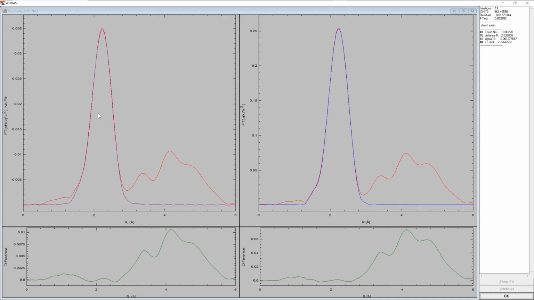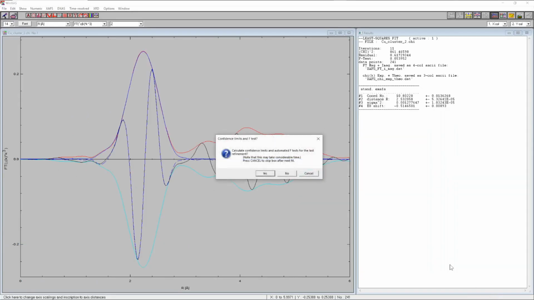The left one is only for display purposes in this example. So it only shows the k-square weighted EXAFS chi of k and the radial distribution function, so the experimental together with the theoretical, but this is no refinement result. This is only a display, and we can go on, OK.